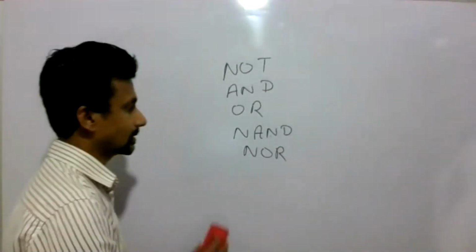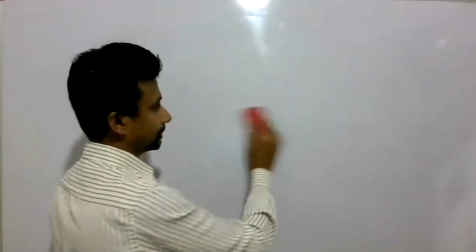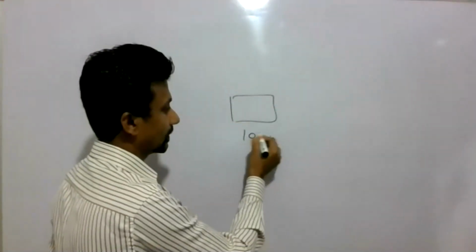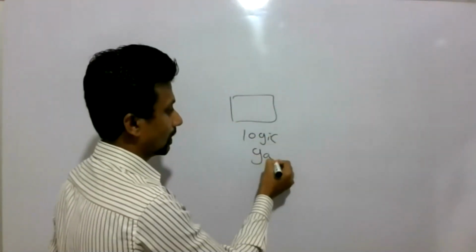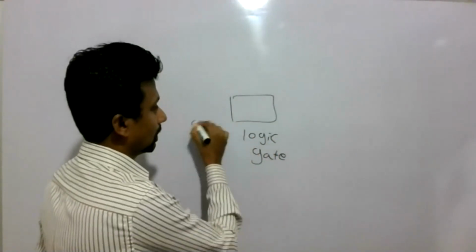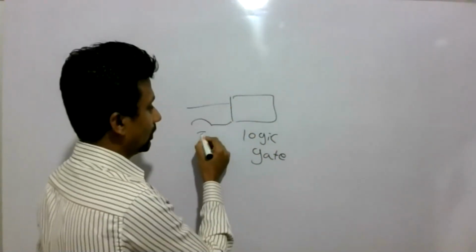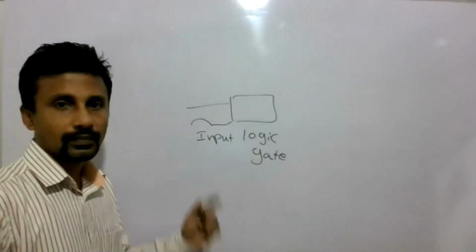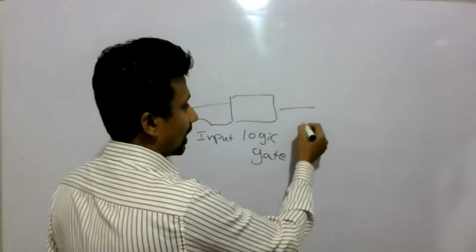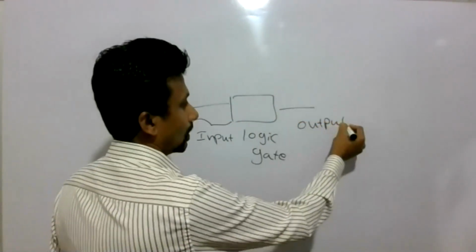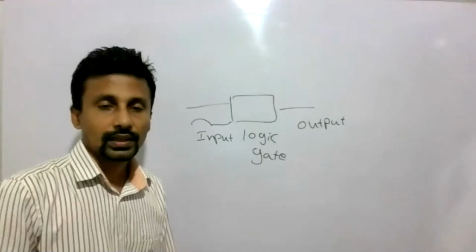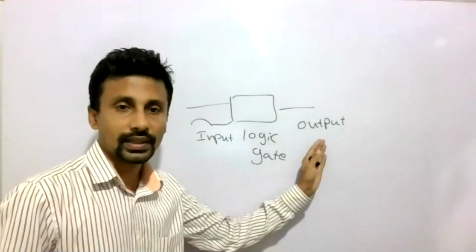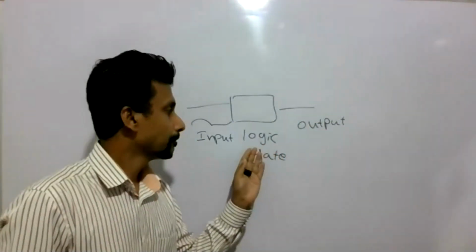Before I discuss them, suppose this is my logic gate. This side you have inputs, and this side you have output. Whatever the gate, this is the structure.